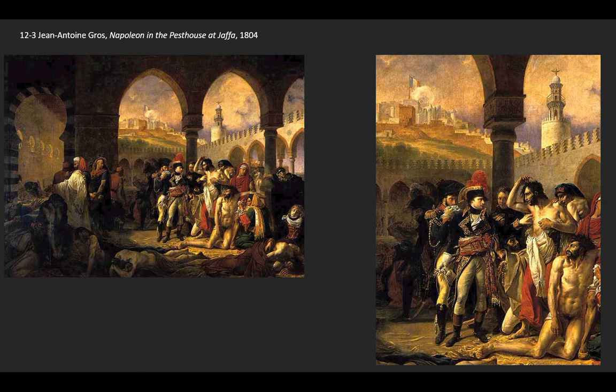And so this is why they converted a mosque into a military hospital, a makeshift military hospital, to house Napoleon's own troops. And this shows the moment when Napoleon, unafraid of catching the plague himself, goes and visits his own troops who have been afflicted by the plague.